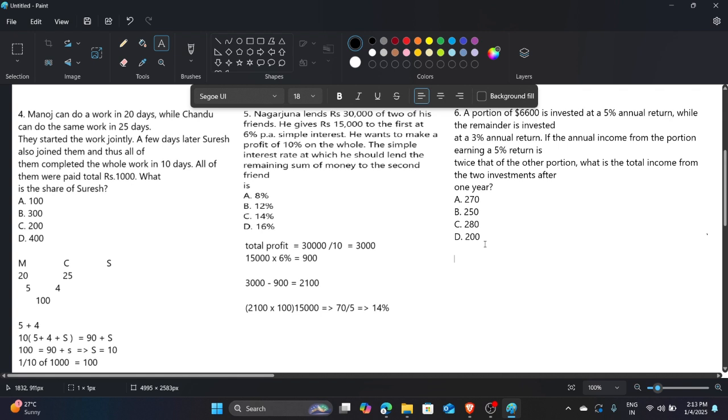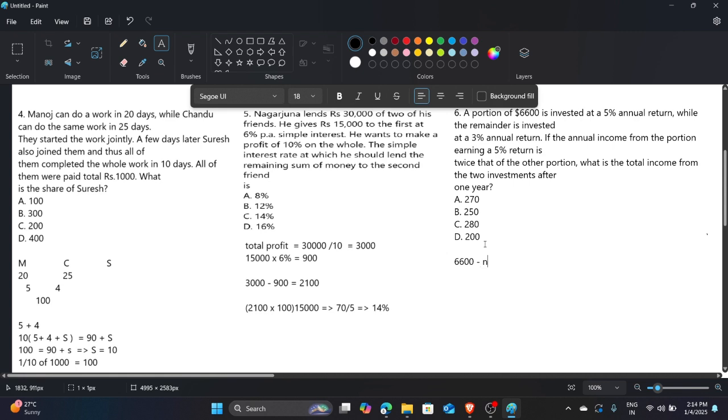So the 6,600 he invested. Now he gets 5% profit from the first investment, and that is double the second investment. Okay, so as we considered, no problem. We considered six thousand. Okay, and it is the brute force.